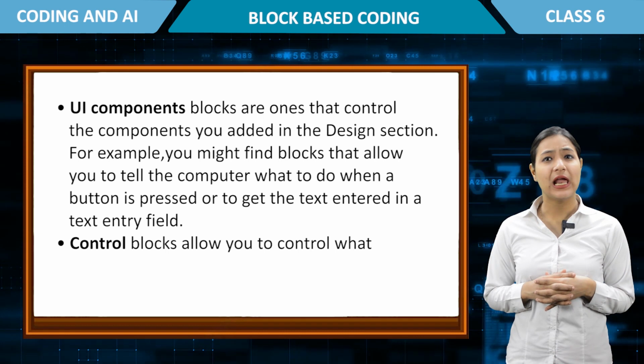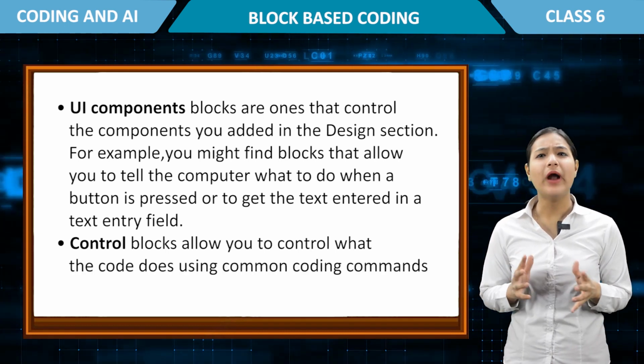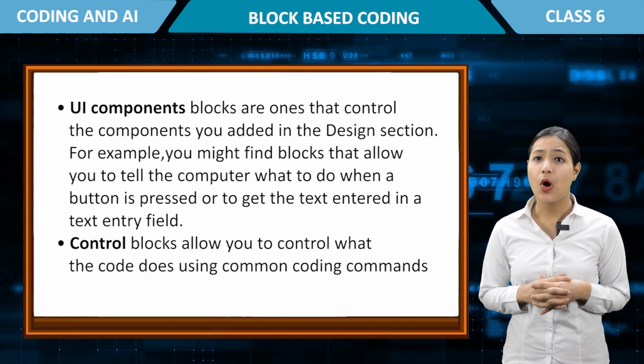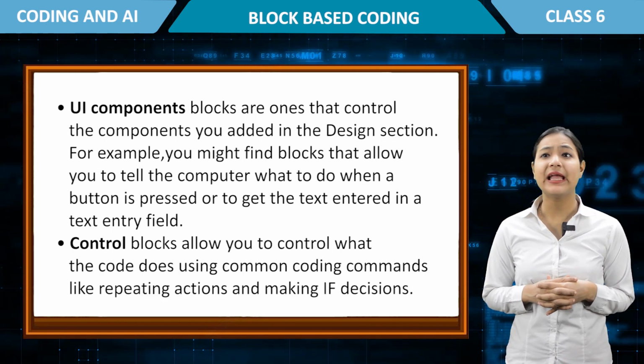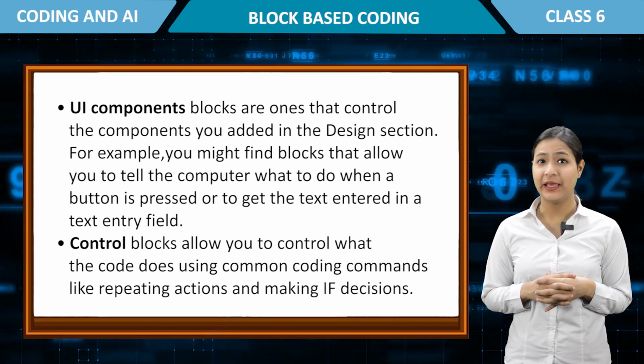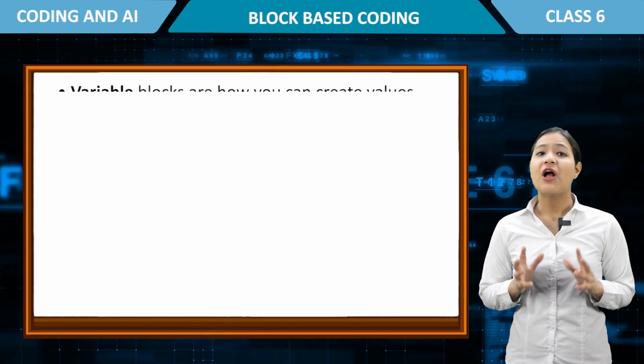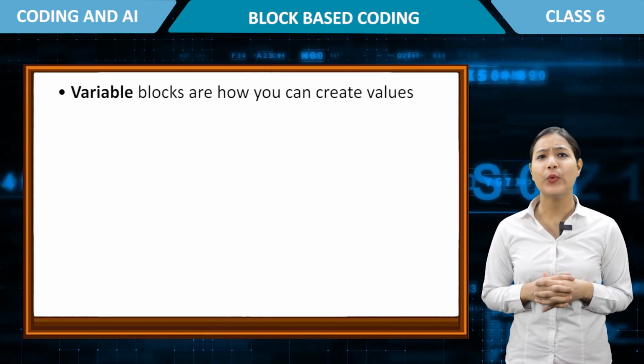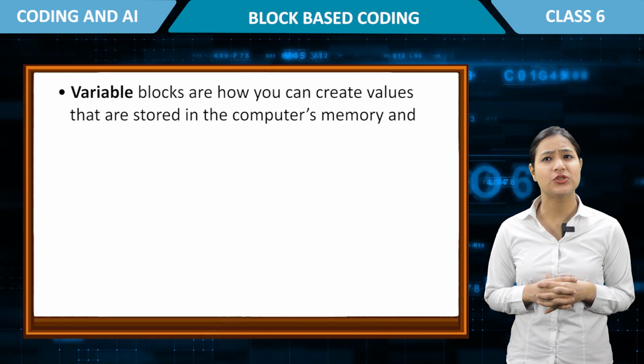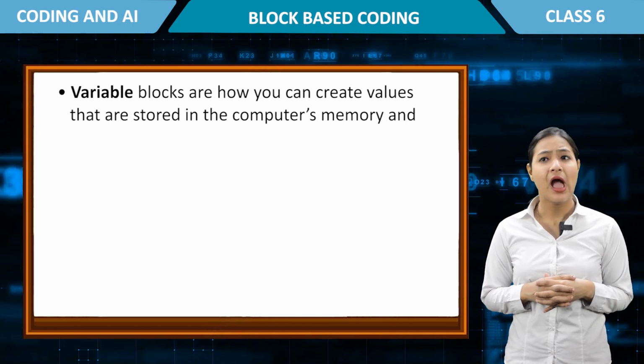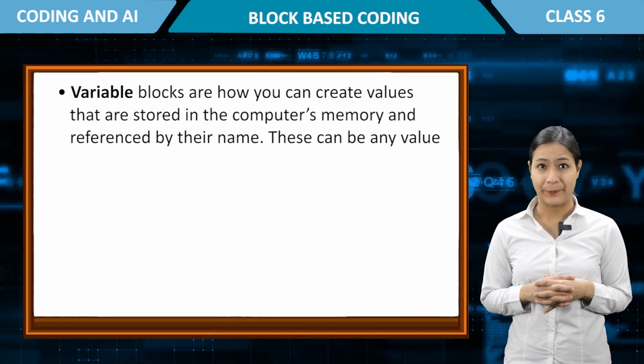Control blocks allow you to control what the code does using common coding commands like repeating actions and making if decisions. Variable blocks are how you can create values that are stored in the computer's memory and referred to by their name.